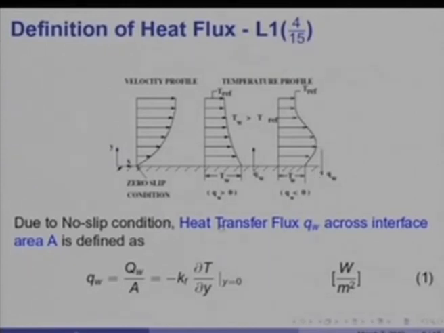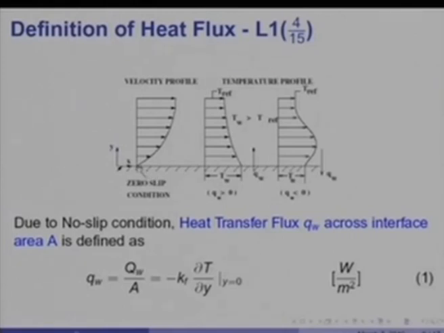We define heat transfer flux suffix QW across interface area A as Q suffix W equal to the total heat transfer QW in joules per second divided by area, and therefore has units of watts per meter square.